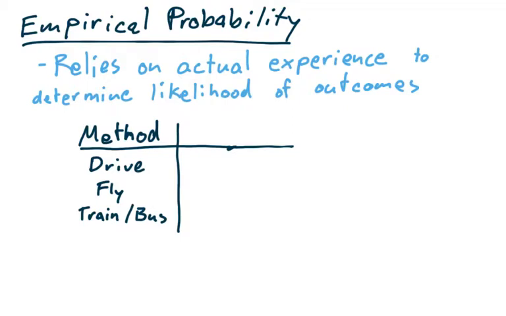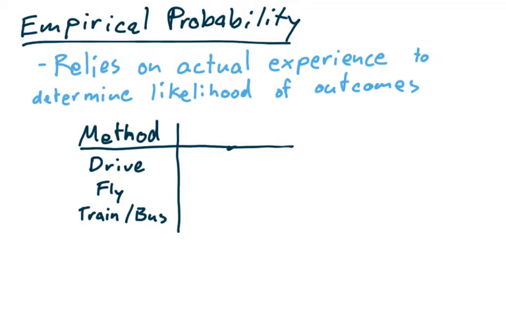Okay. So with traditional theory, we'd say, okay, there's 3 outcomes. That's our total sample space. And that means 1 out of 3 people are going to drive, 1 out of 3 are going to fly, and 1 out of 3 are going to take public transportation of some form, either a train or a bus. Well, we can't say that because past experience has to come in here.